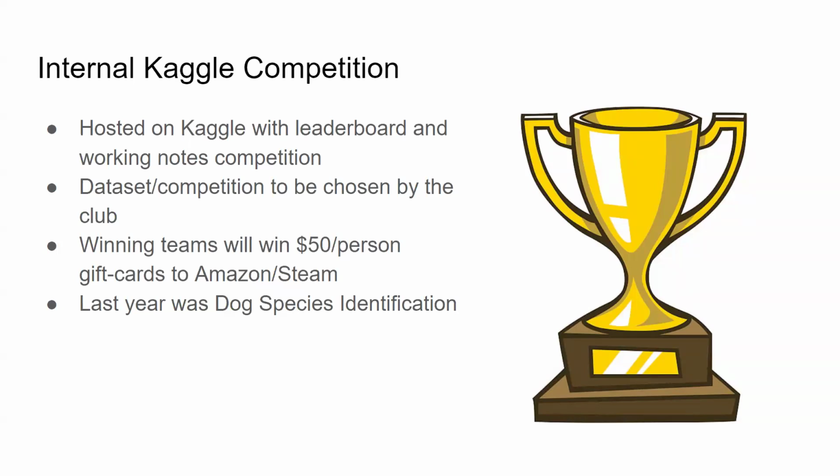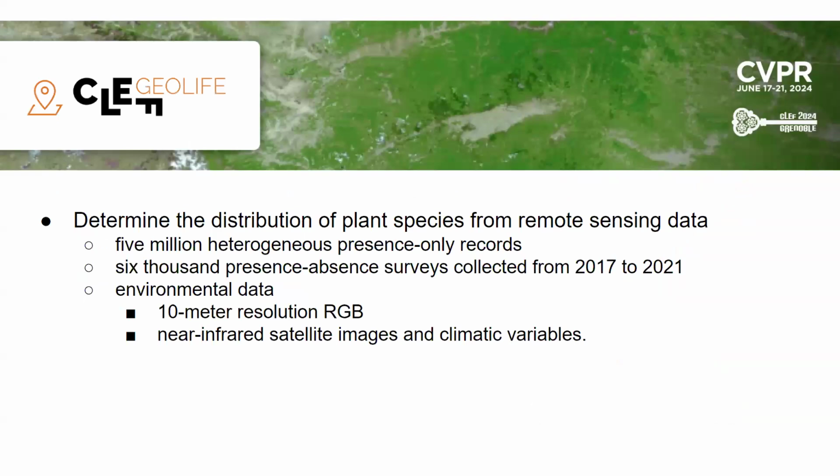And I mentioned the dog species identification as the thing that we did last year. I think that went really well. The second thing I want to talk about is the solution proposal for a task that you find interesting. So GeoLifeClay was one of the tasks that I helped run. I think I was a co-author on 6 papers, but there were really 2 that I was leading.